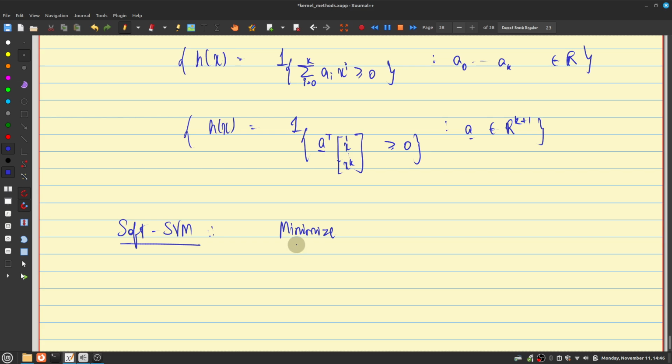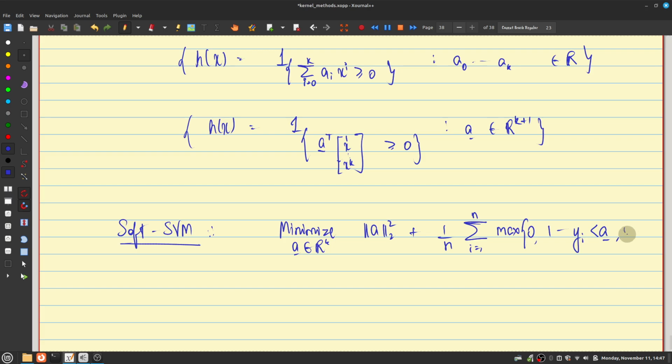We want to minimize over all possible A in R^k the 2 norm of A squared, plus 1 over n, summation i equal to 1 to n, of the hinge loss, which is nothing but max between 0 and 1 minus yi times the dot product between A and, since we're now looking at the feature space, psi of xi.